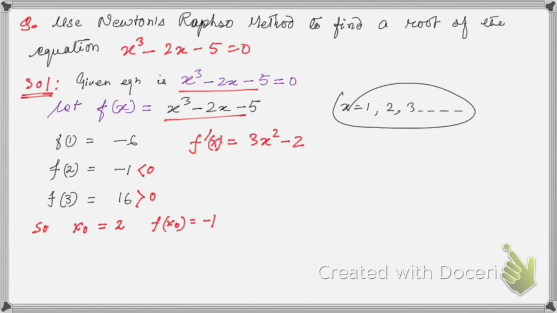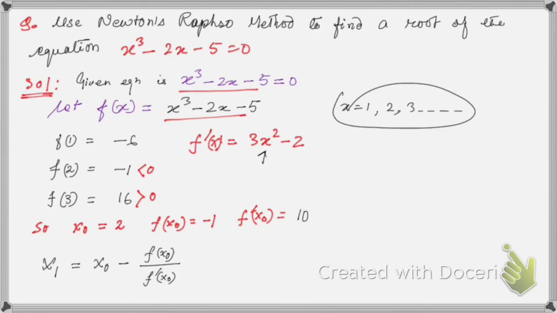Now if you put the value of x naught here, you will get f dash of x naught equal to 10. So using Newton-Raphson method, we will get x1 equal to x naught minus f of x naught by f dash of x naught. Here we have used the Newton-Raphson formula that we have already discussed.